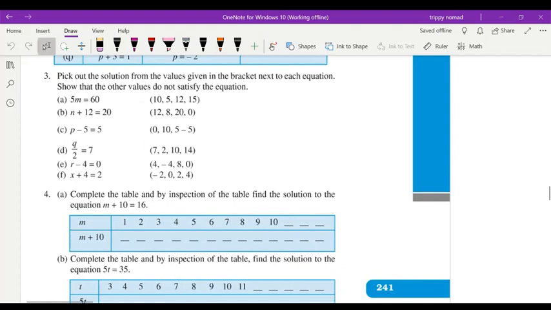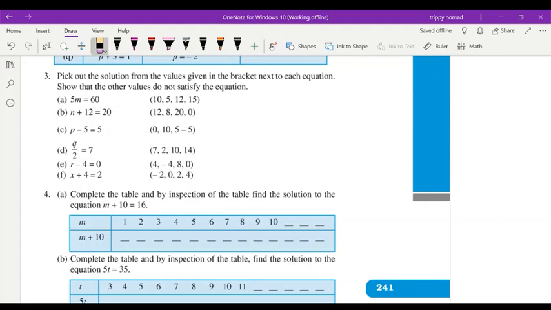Now you have to pick out which value we have to put out of 10, 5, 12 and 15 to satisfy the given equation, children.